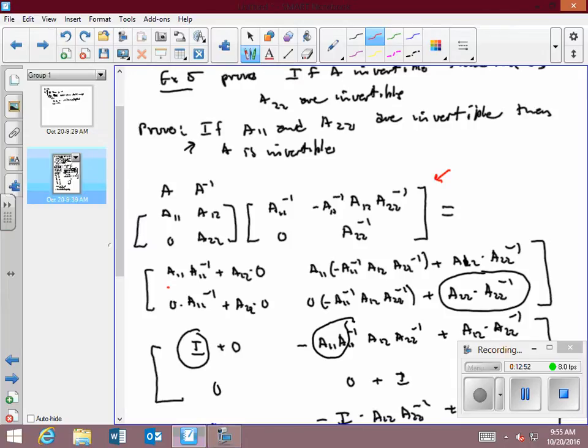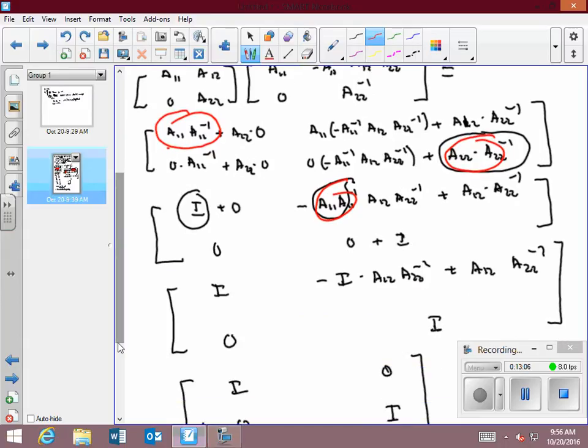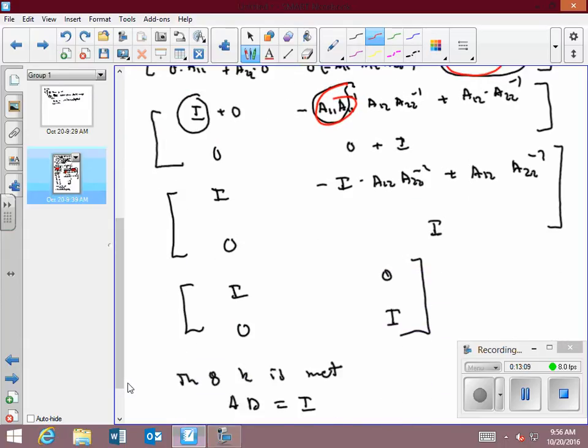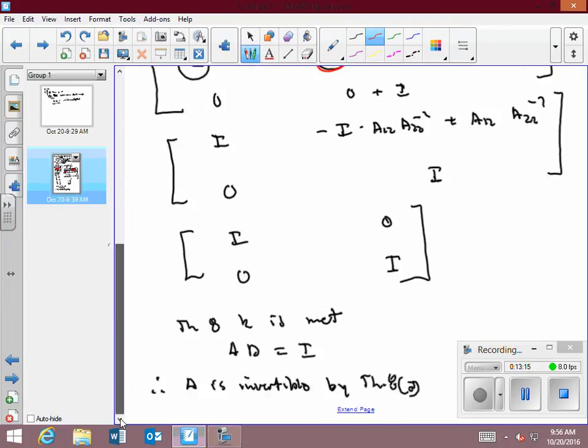And once I put that in, I could use the fact that A11 was invertible and A22 was invertible, and then I reduced this whole thing to the identity. And I've shown that A is invertible if A11 and A22 are invertible. Okay, any questions on that?